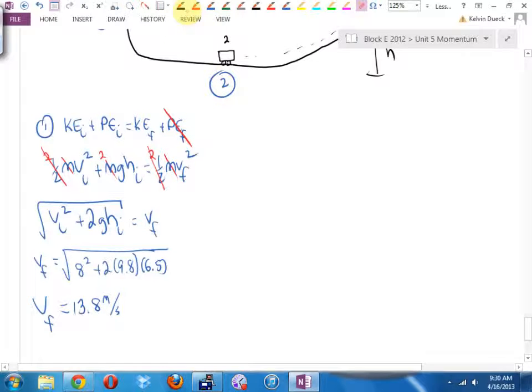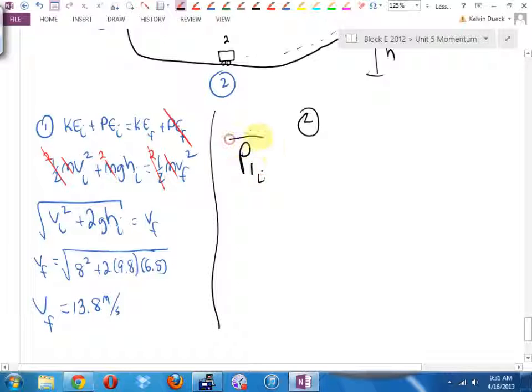In fact, that's going to bring us to situation 2. Is there a collision? This is a job for momentum. Well, yeah. Before the collision, what's moving? Mass 1, so momentum 1. After the collision, what's moving? Stuck together.